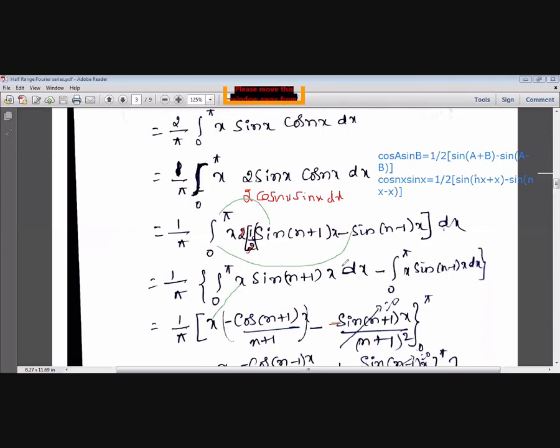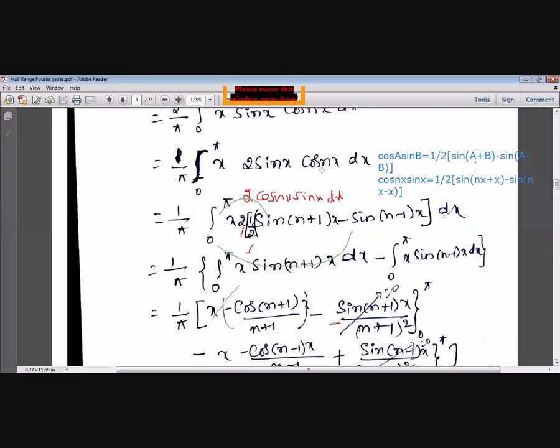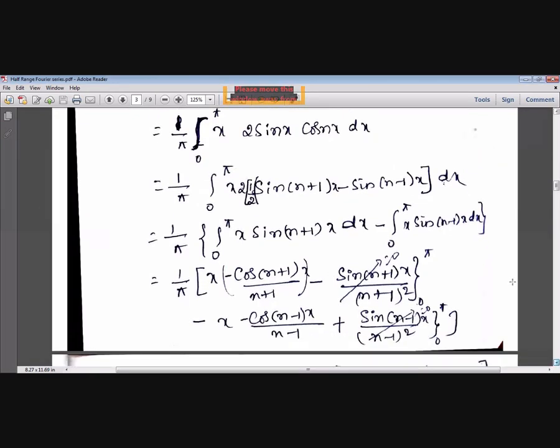Next, between 0 to pi, so one minus we need to write. Okay. Next, integration of this: minus, x as it is.